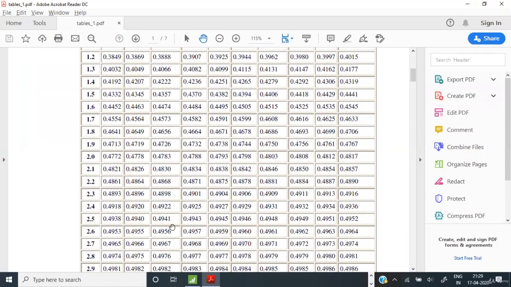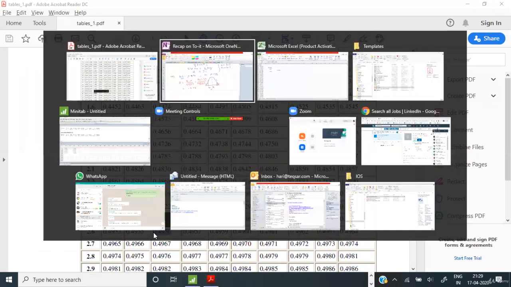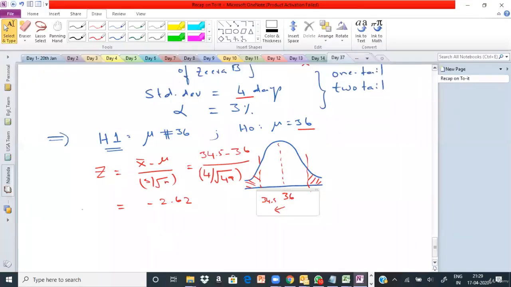So 0.4956. Guys, this is one way. Please understand this. So what is the minus of this?